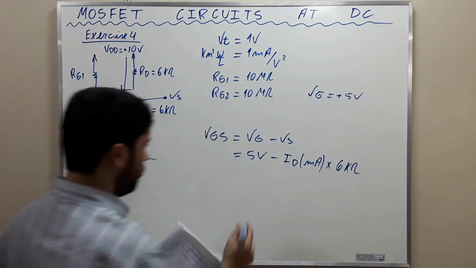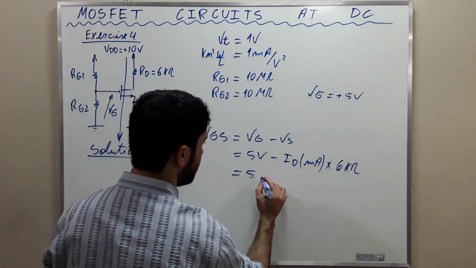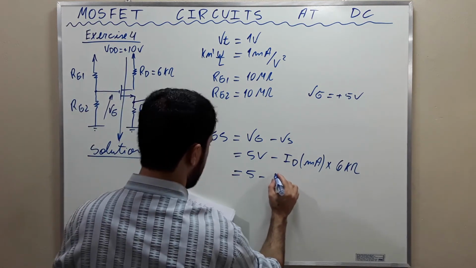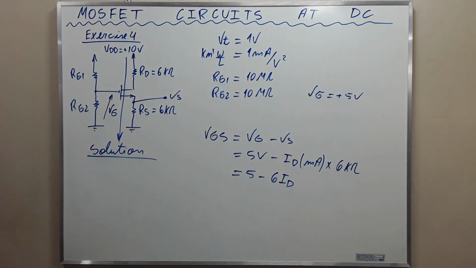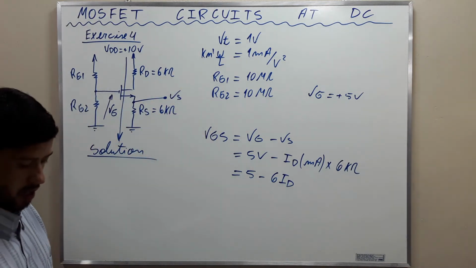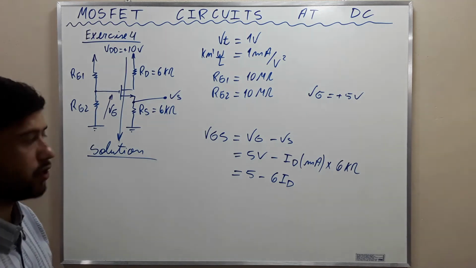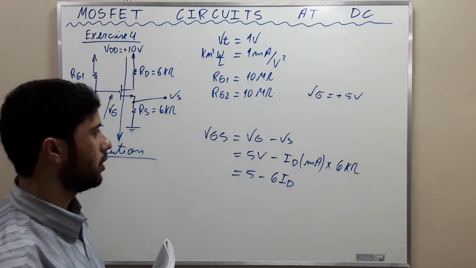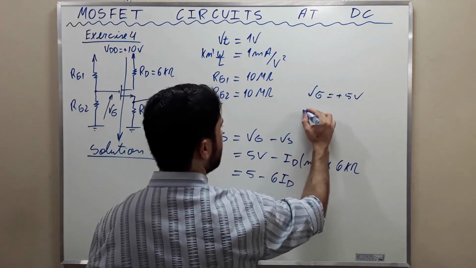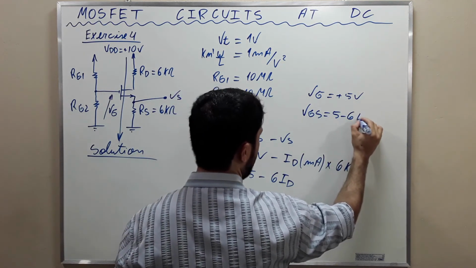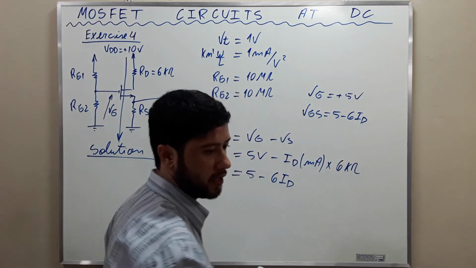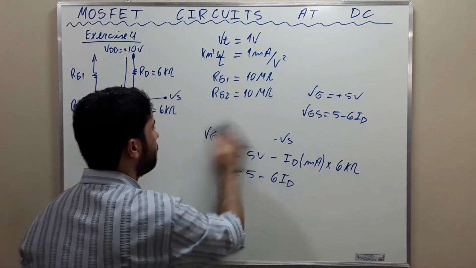Okay, then we are going to use this expression here, minus 6 times ID. This is the expression that we're going to use in the saturation region. Let's save it here. VGS equal to 5 minus 6 times ID. Let's save it here. We're going to use it.